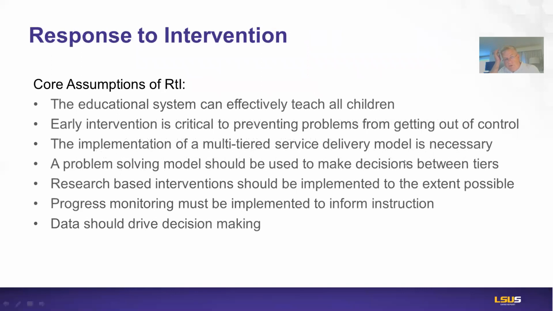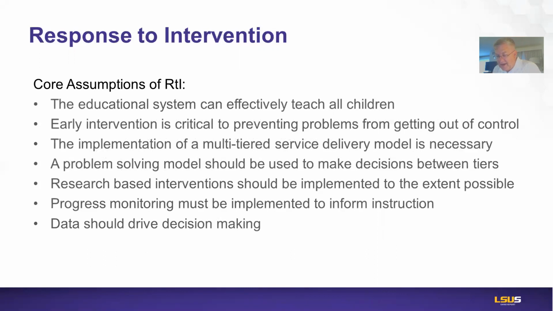Now, I want to talk to you real quick about the special ed evaluation. Back in the old days, and some of you may remember this, a student was determined to be eligible for special education if there was a deficit between their IQ and what they were doing.